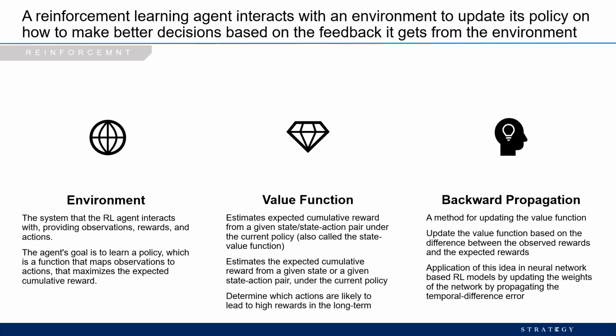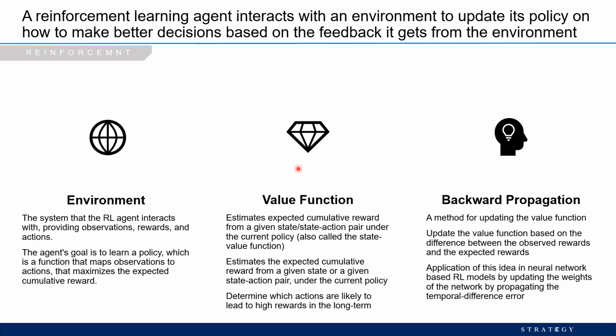neutralize any fear that a person may have about an AI, because it gives the understanding of how AI works. But with reinforcement learning, there are three critical elements. There's an environment, which is a place for a reinforcement learning agent to interact with.